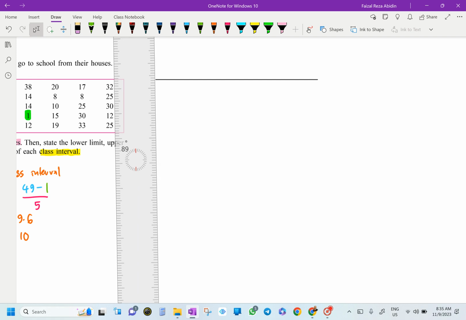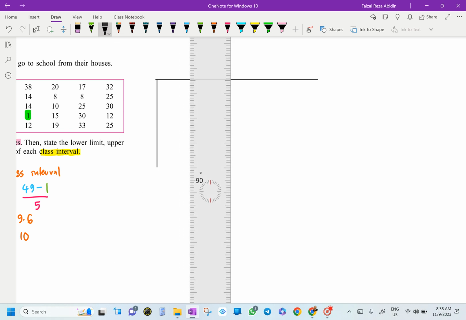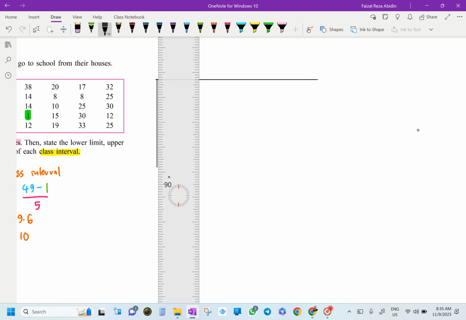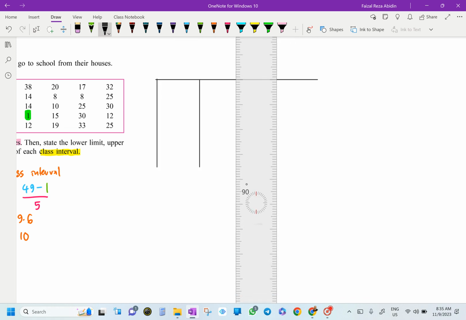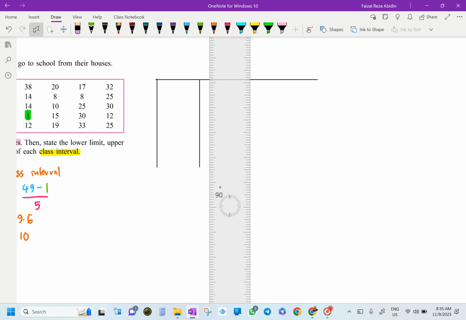That's why you have to look into your textbook, PBD book. Your textbook also has it. So what you are going to have over here, I'm going to get my class interval, and this one should be our frequency.